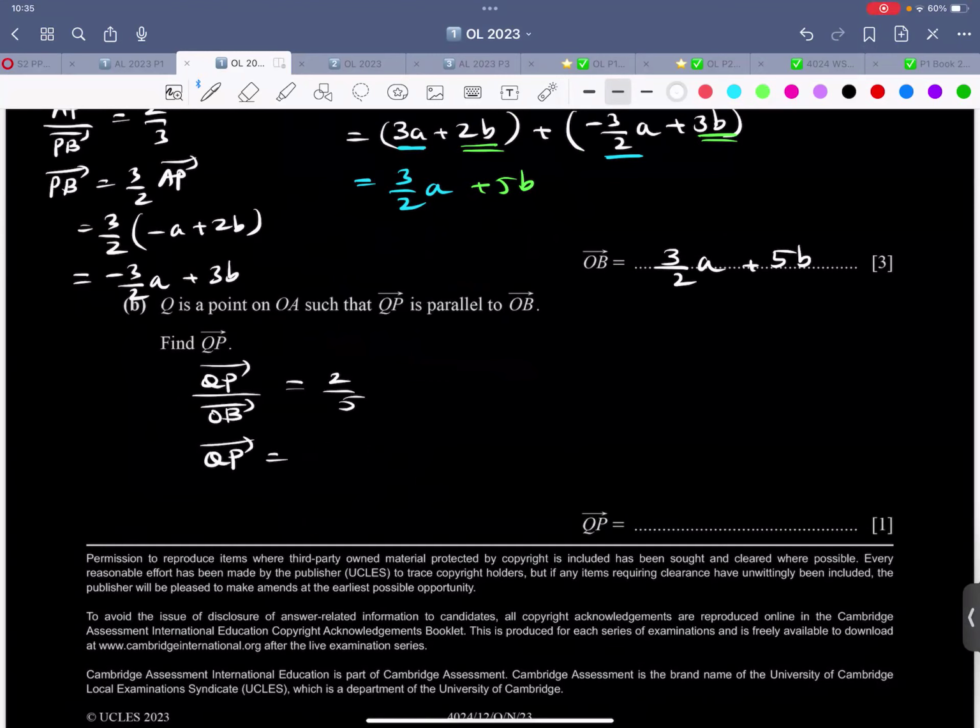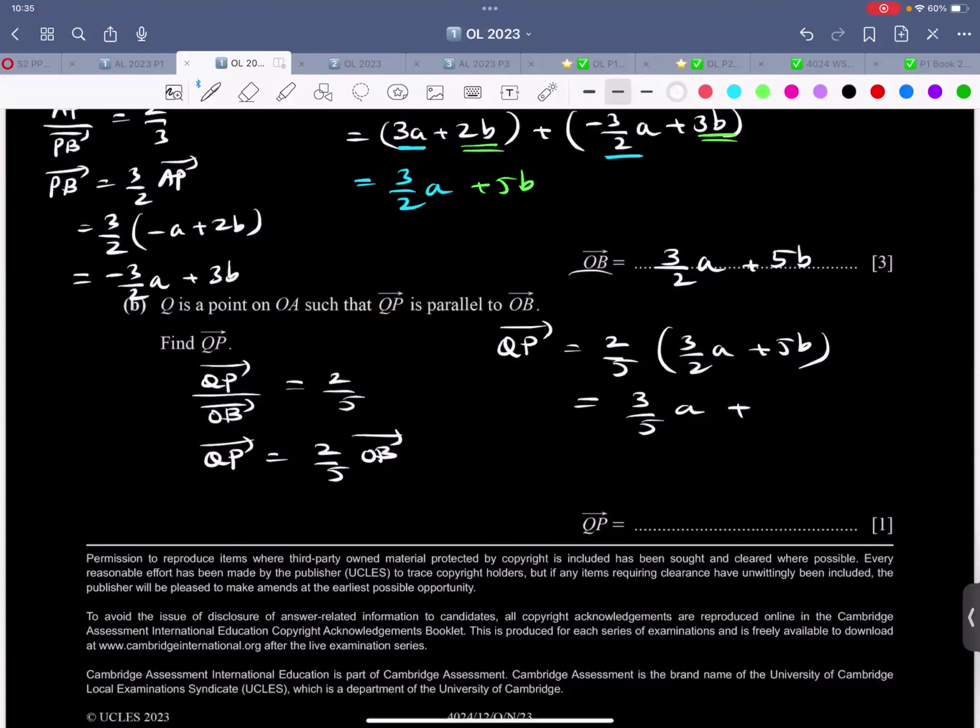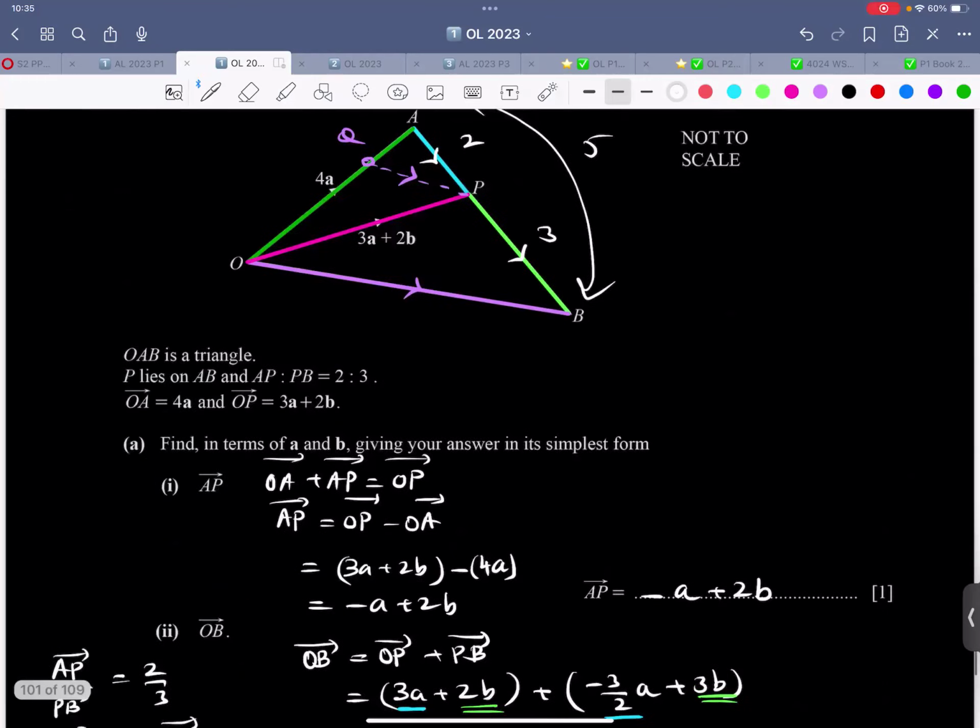Therefore QP should be 2/5 of OB. This is OB right over here. So QP is 2/5 of 3/2 a plus 5b. 3 and 2 cancel out, this is 3/5 a. 5 cancels out, and this is 2b. So 3/5 a plus 2b is the answer for this particular part.